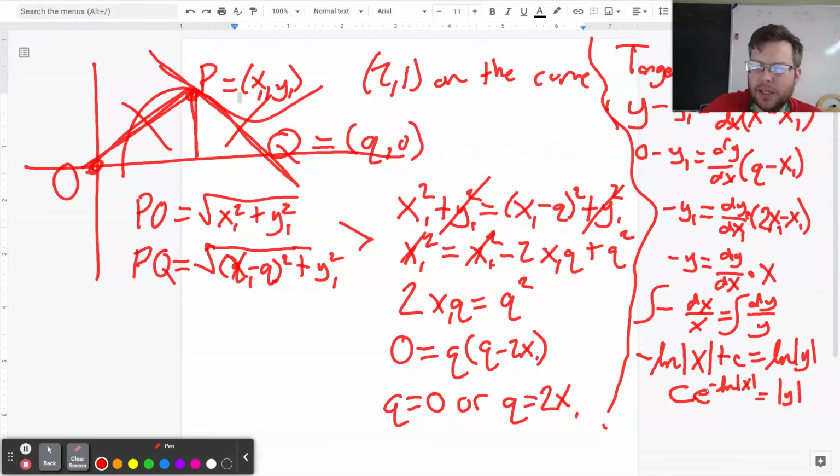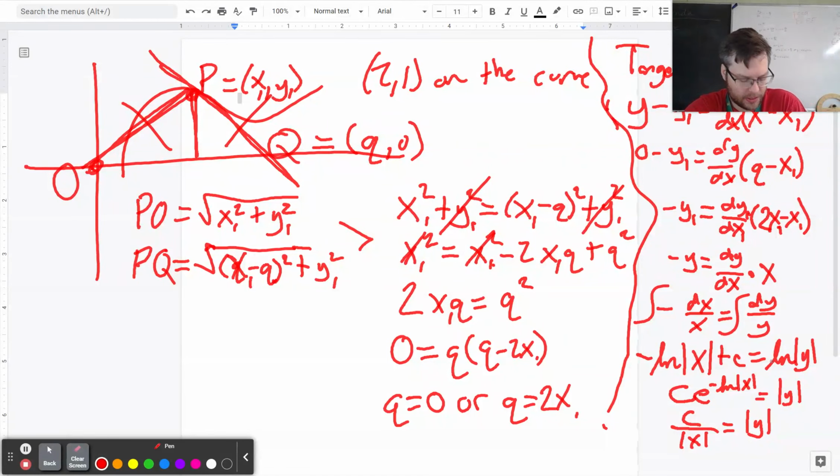When you exponentiate that, the negative power can be division. So I have c over absolute value of x equals absolute value of y.